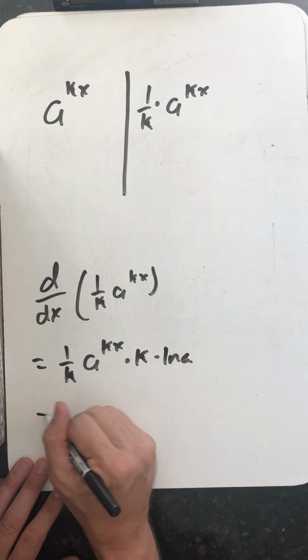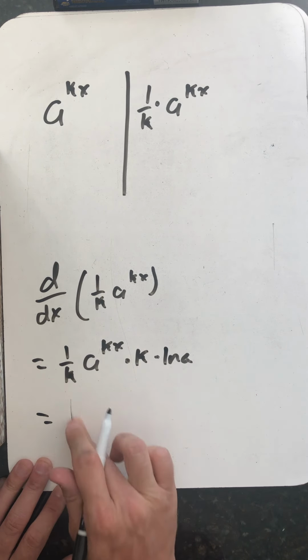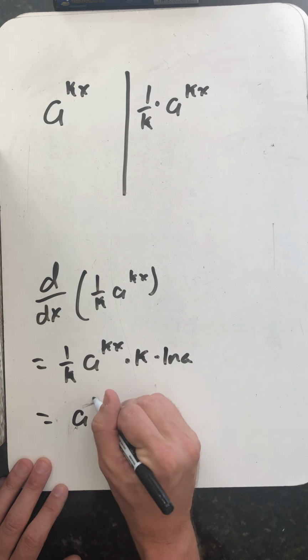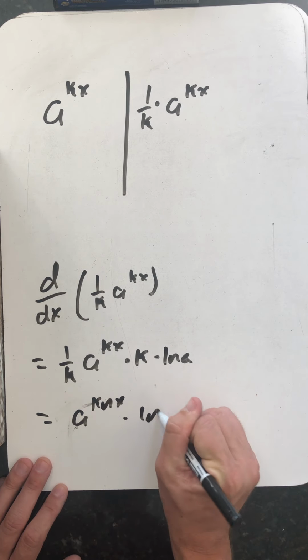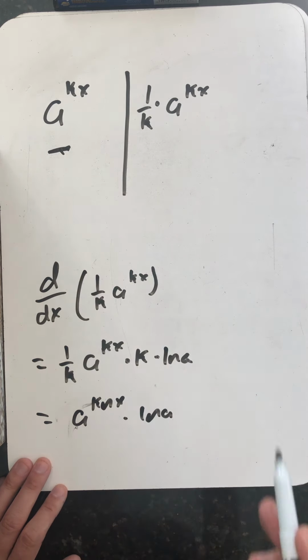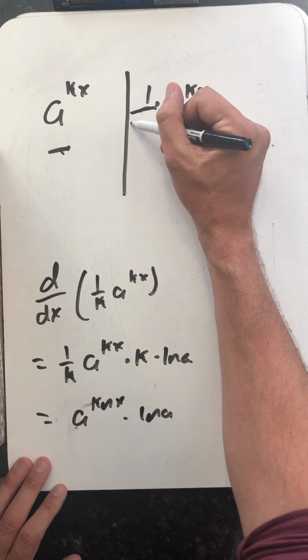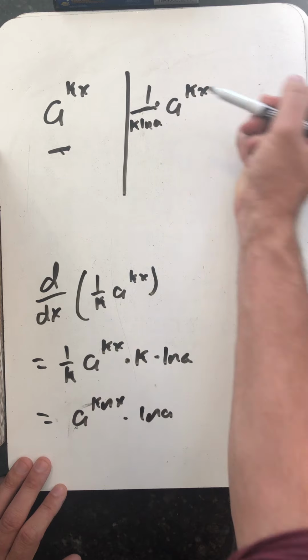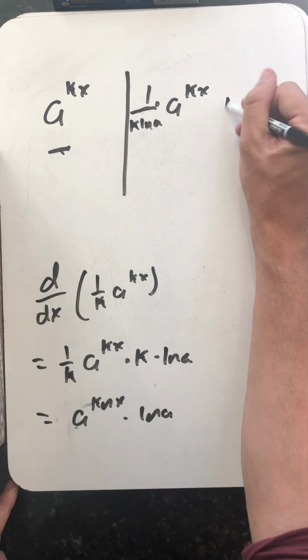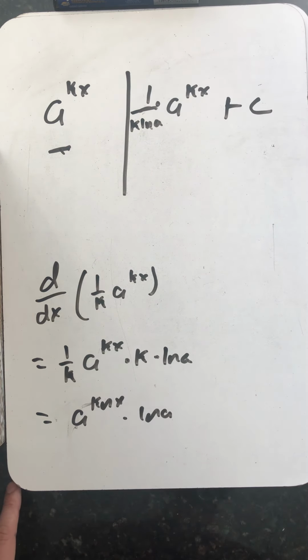Well, the 1 over k and the k would cancel, but I still have that natural log of a, and I didn't want it. So what I realize is I also have to divide by the natural log of a. And there is my most general antiderivative.